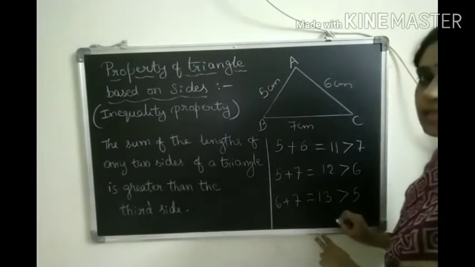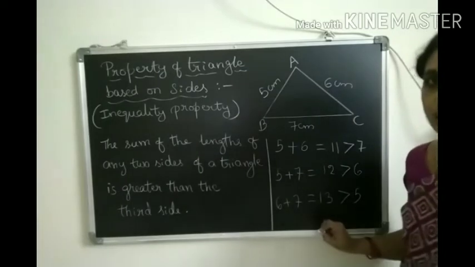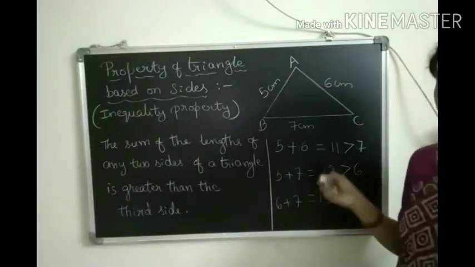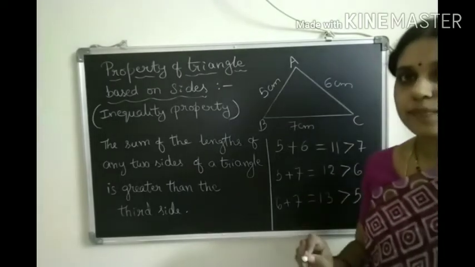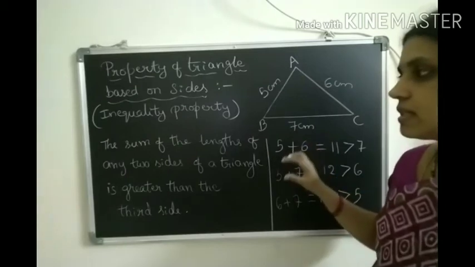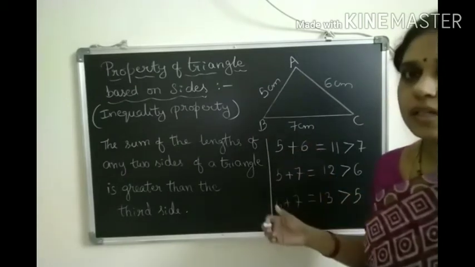So it happens like that for any pair. For any pair of sides, definitely the sum is greater than the third side. In this way we can prove the inequality property.